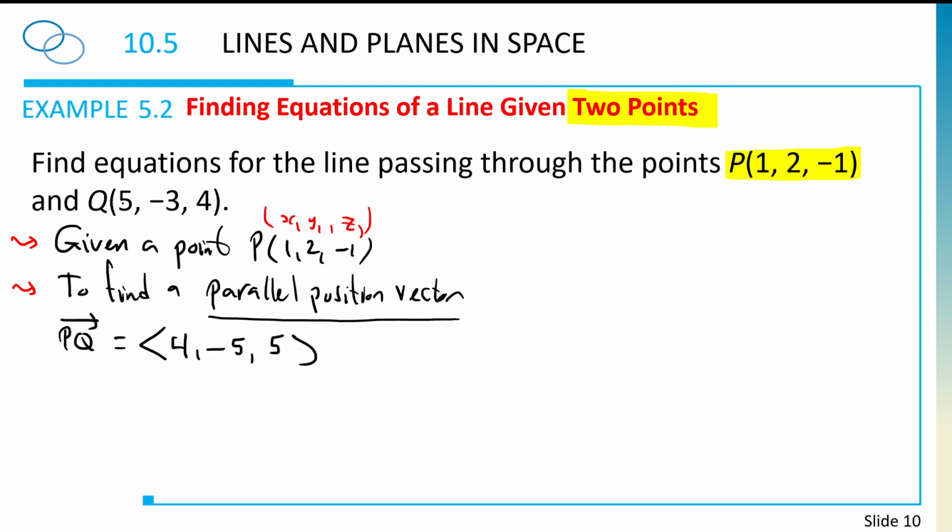I subtracted the components of Q minus P. So this is the vector, and for us, we're going to use it as A1, A2, A3. Now we have whatever we need. Now I'll use case 1 again. What do we need to find? We need to find the parametric equations.